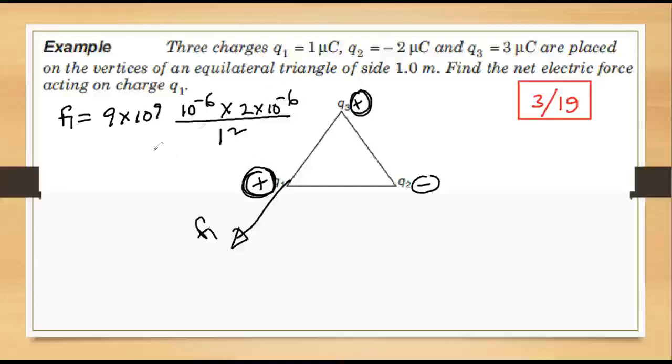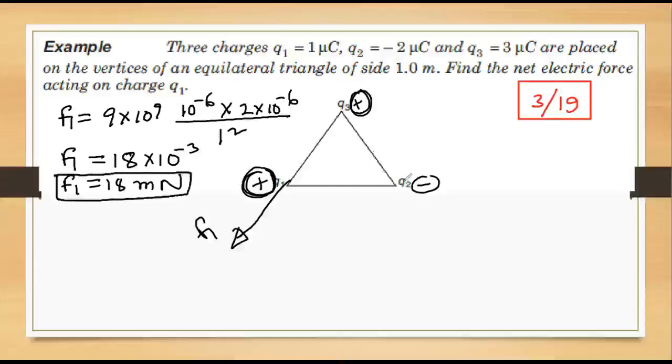From that I can get 9 into 2, which is 18, into 10 to the power 9 minus 6, that is 10 to the power 3. Or you can say F1 is 18 millinewton.